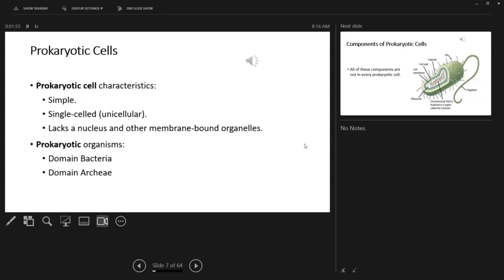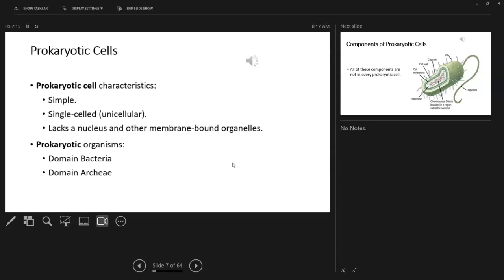Prokaryotic cells are smaller, simpler cells with no nucleus and no other membrane-bound organelles, but they do have ribosomes. That includes all the organisms in the domains bacteria and archaea.